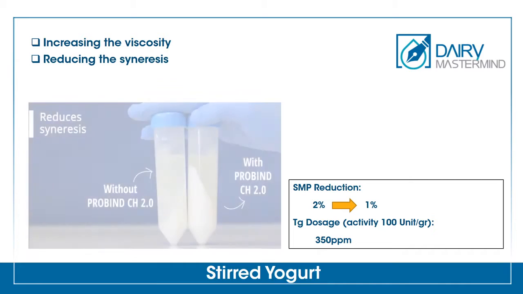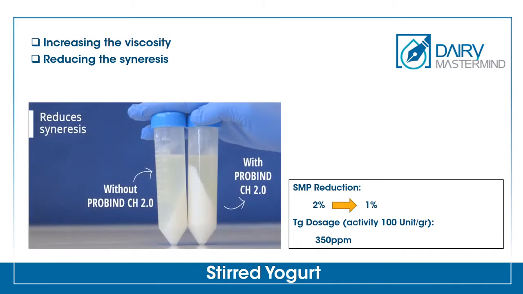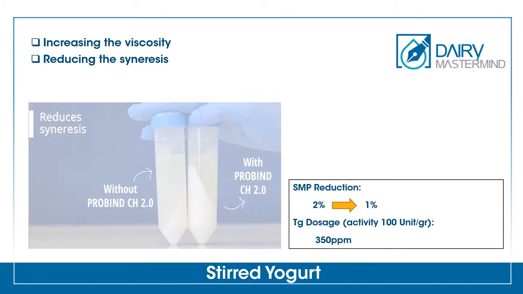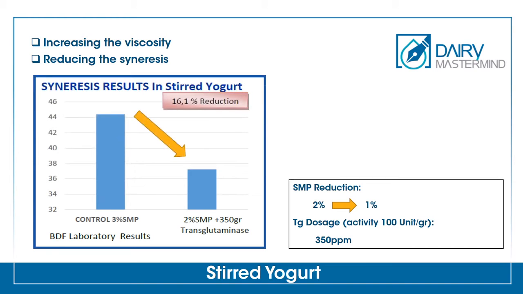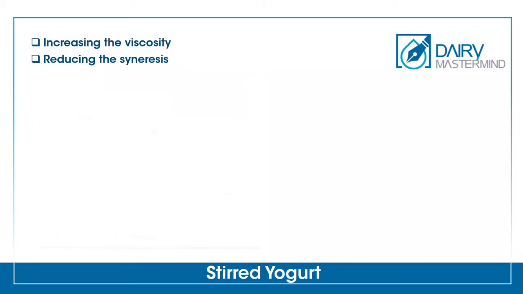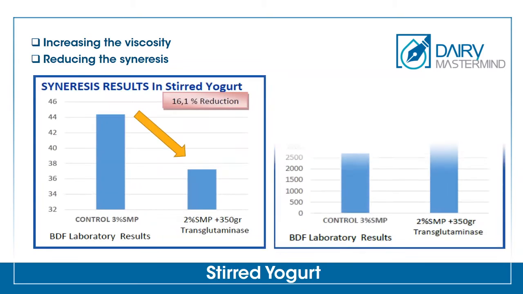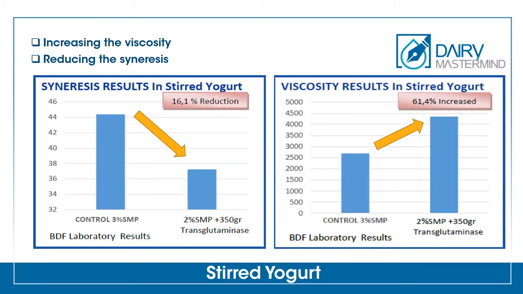Moreover, with this replacement, the syneresis will be reduced by 16.1%. Therefore, by increasing the viscosity and reducing the syneresis, the use of TG enzyme to improve the properties of a stirred yogurt is definitely justified.